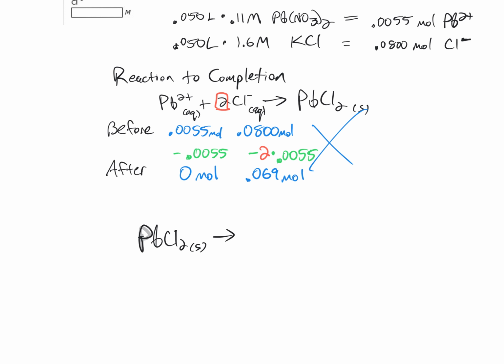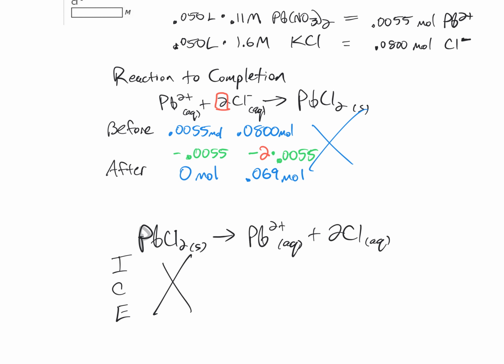Some of it will dissociate, not much of it, but some of it will. And since we know the KSP value, we have an idea of the extent to which it does. When working in ICE tables, remember, it's worked out in units of molarity, not moles.